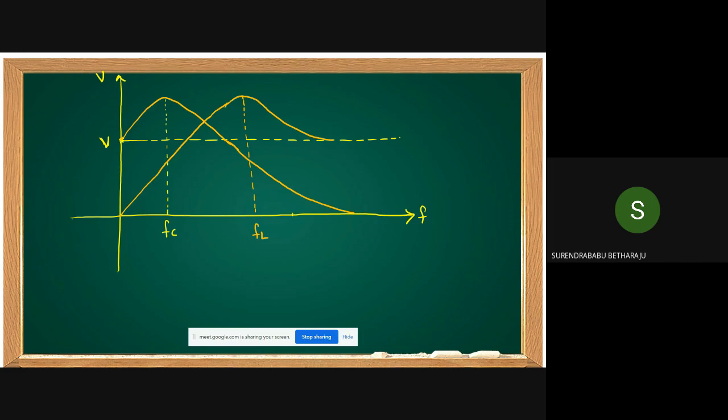And Vc equals VL at which frequency? We know that Vc equals I into Xc, but at omega equal to omega naught, Xc equals XL. If Xc equals XL, Vc equals I into XL, which equals VL.